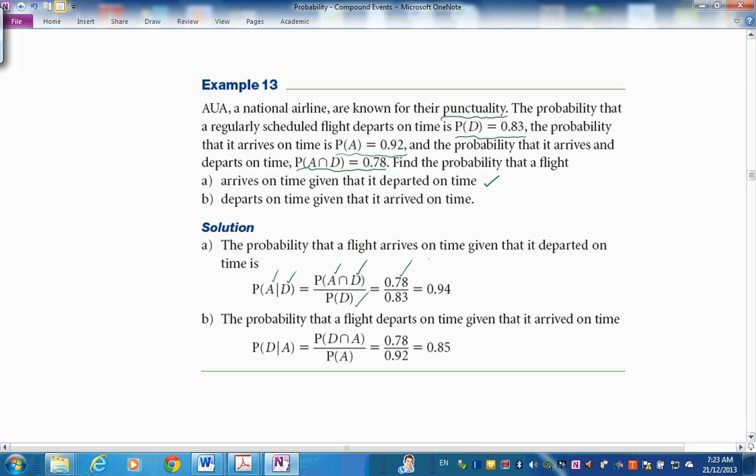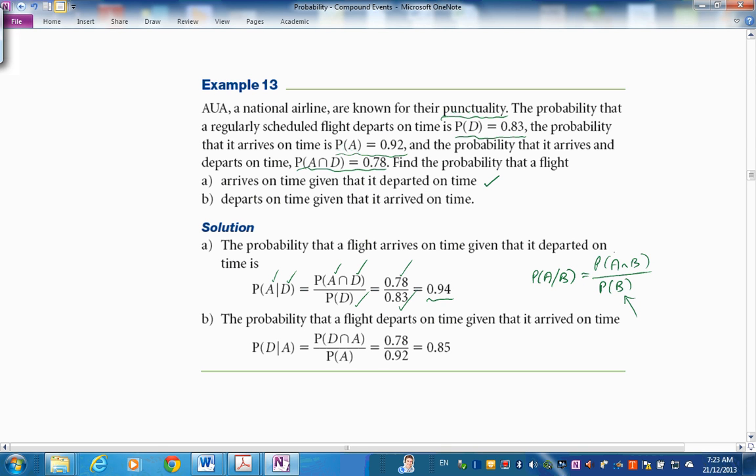Probability arrives on time and departs on time, divided by the departs on time, which is 0.94. So we're using the rule there. In general, the probability of A, given that B has occurred, is the probability of A and B occurring divided by the probability of B, reducing the sample space here.